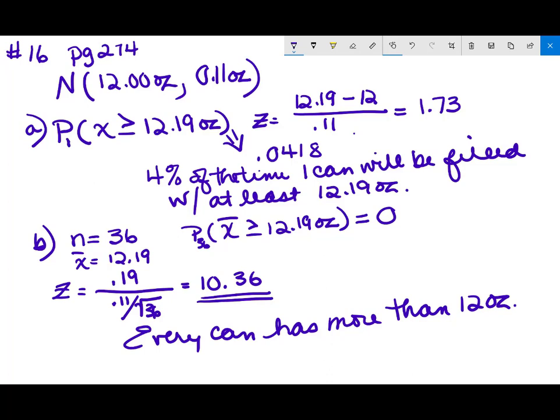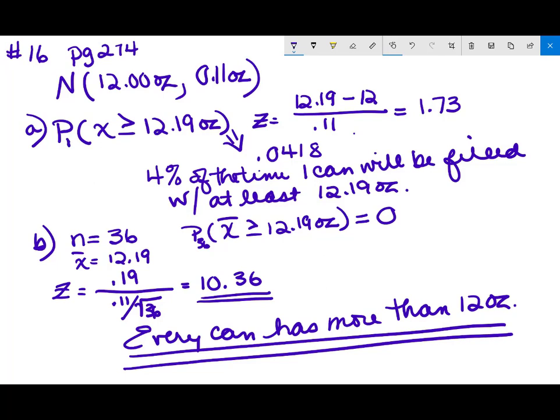In a group of 36, the probability that their mean will be more than 12.19 is 0, meaning that their mean is going to be below that, so we can assume that every can has more than 12 ounces. I hope that helps with how you set it up. Good luck.